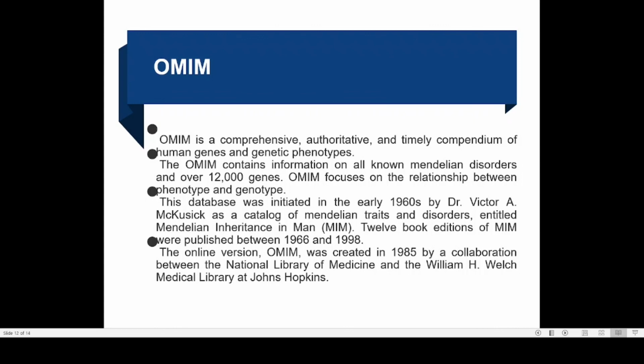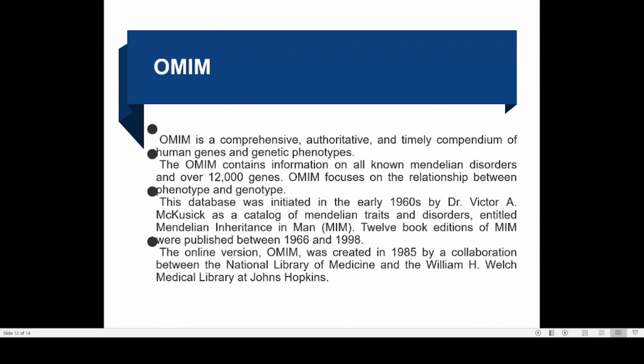That book was later converted into an online catalog known as Online Mendelian Inheritance in Man. The online version was started in 1985, when we still didn't even have the internet. They started all this at a very early stage, which is why they are still far ahead of us in this kind of technology.